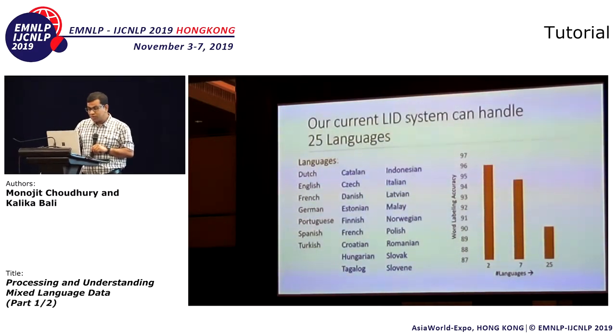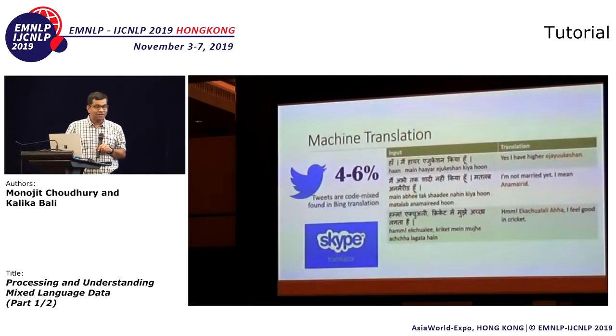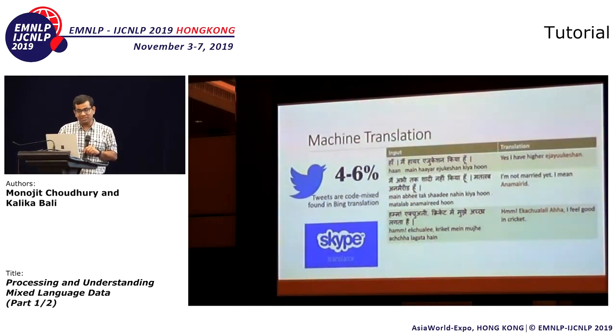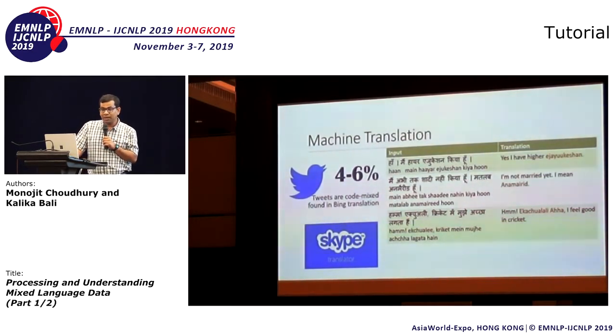And now we'll go to another task, another application, which is machine translation, where we will see what is happening with code mixing. In code mixing, we have seen that Microsoft used to translate tweets from Twitter, and with the analysis of 16 million such tweets, we found 4 to 6% of tweets are code mixed.